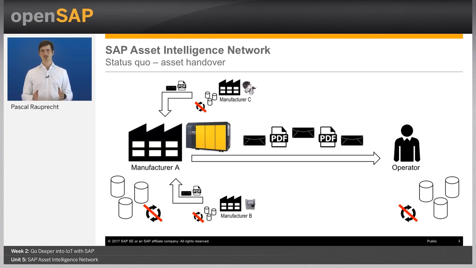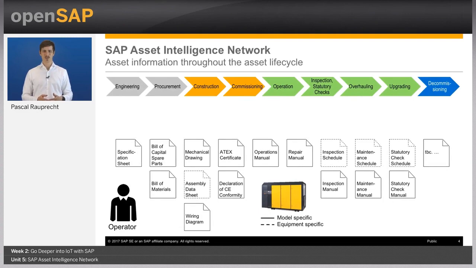This produces a lot of effort and quality gets lost throughout the supply chain. So in the end, what arrives at the operator might not be the best data you could get. And if the operator is not putting effort in to maintain that data in his backend, he might run into risk later on when maintaining the asset. And this was the handover stage, when the asset is shipped to the operator.